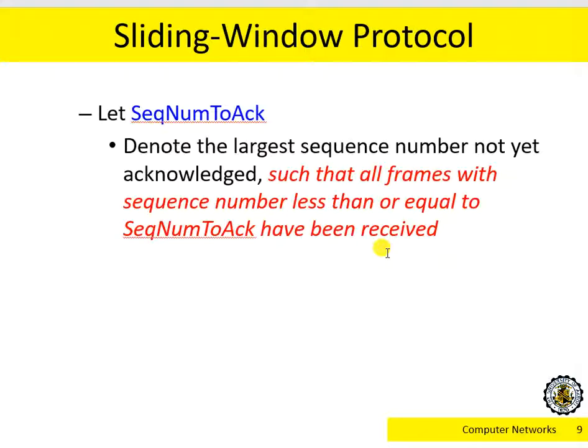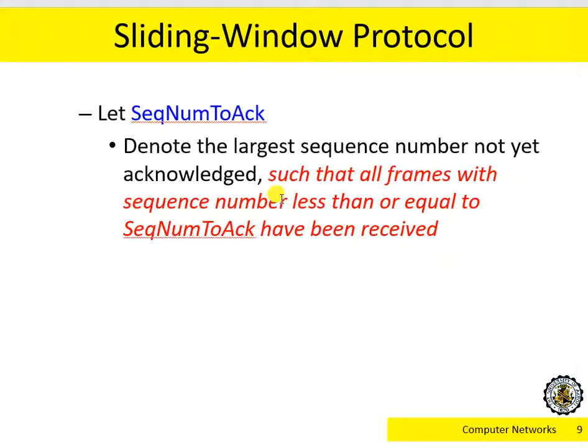In order to do that, we need to introduce another term called sequence number to acknowledge, which refers to the largest sequence number, basically the sequence index of the latest frame that has not yet had an acknowledgement sent out. In other words, if all the frames before or at this frame have already been received, let's see one more time.